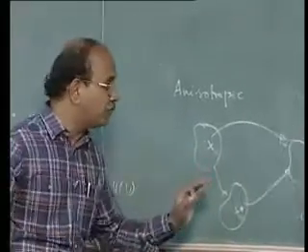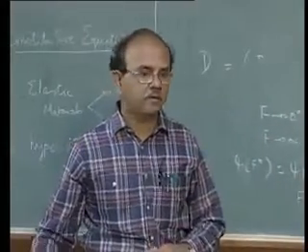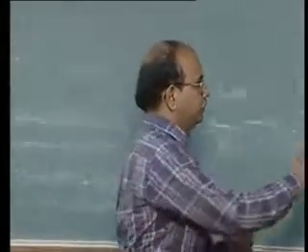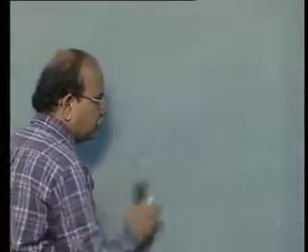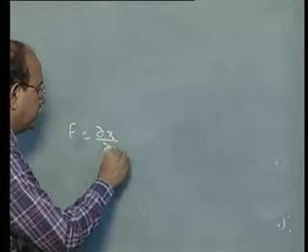Now what is the condition for isotropic materials? Simple, it's quite easy to understand that. So in other words, F, which is say dou x by dou capital X, should be the same whether I start my journey from here or here.